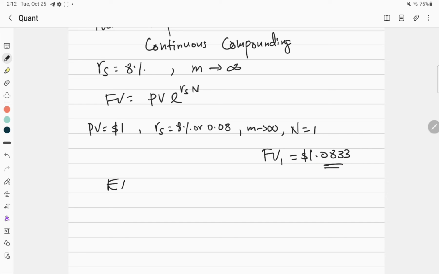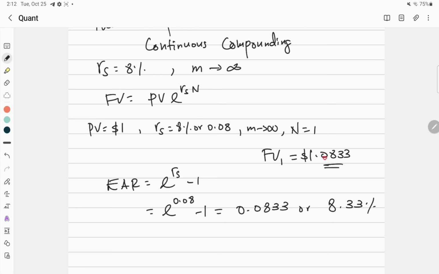So how do we get this? EAR for this case is given by e raised to rs, minus 1. This is e raised to 0.08 minus 1, and this will give us 0.0833 or 8.33%. Again, here we have an initial investment of $1.